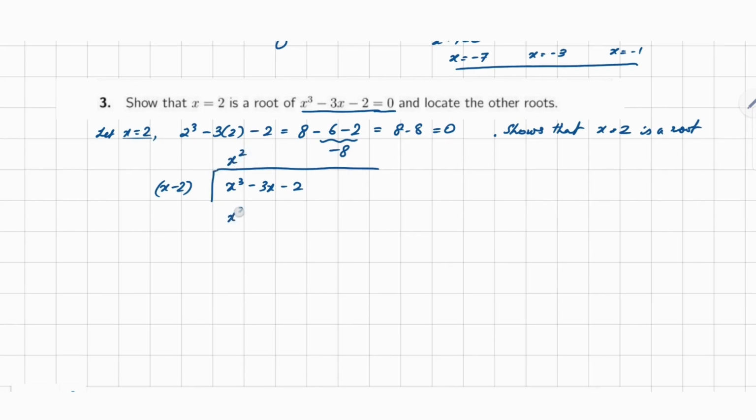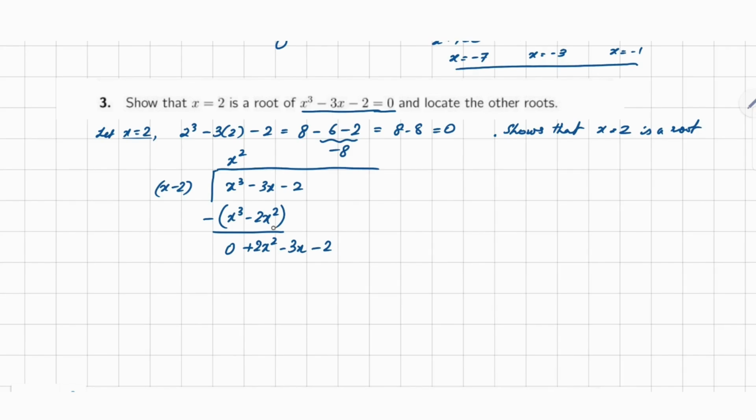So we get x times x squared is x cubed minus 2x squared. Subtract it. And we get x cubed minus x cubed is 0. Minus 3x plus 2x squared. So we can write it as is. We can bring 2 down.